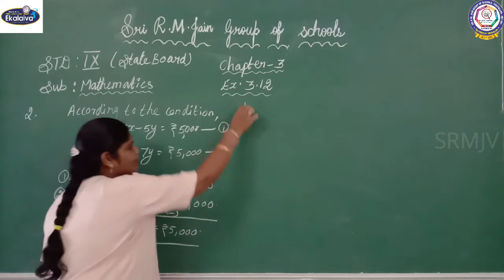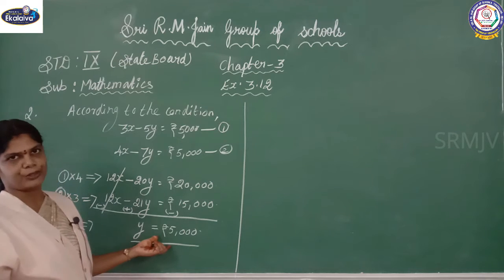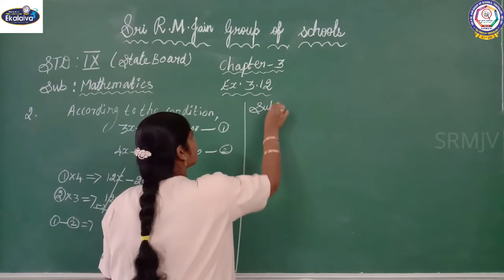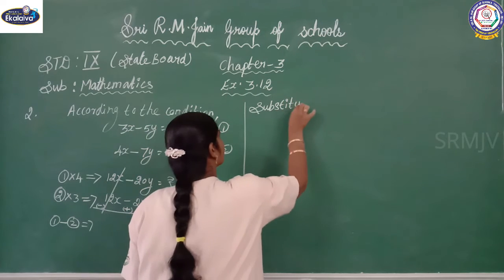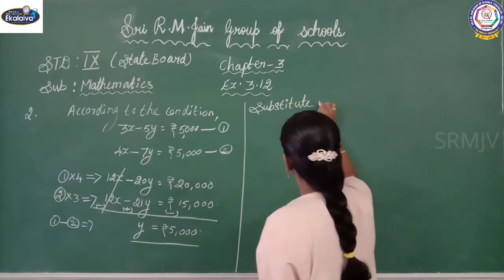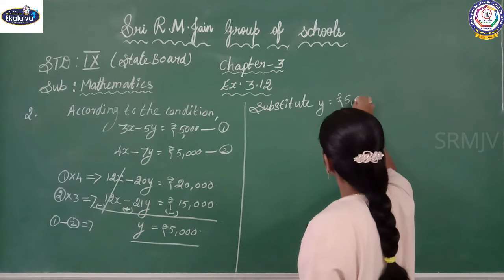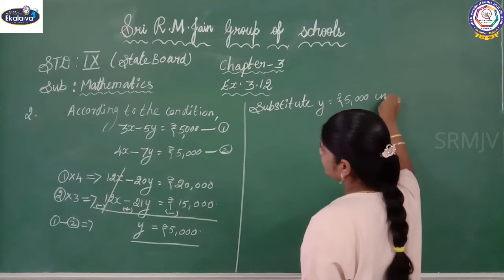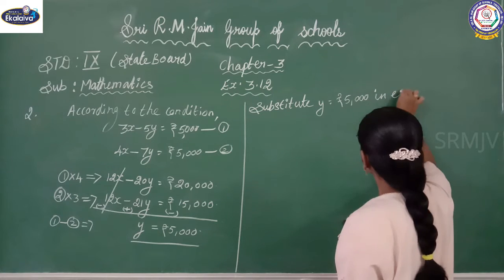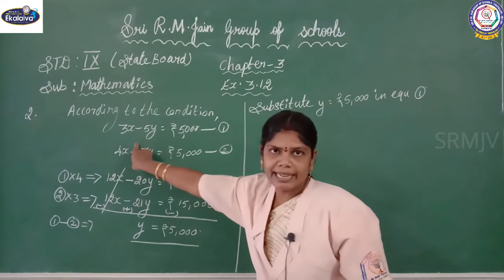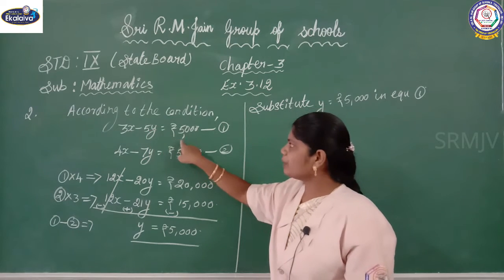Next we are going to find the x value. Substitute y equal to rupees 5,000 in equation 1. So 3x minus 5y equals 5,000.